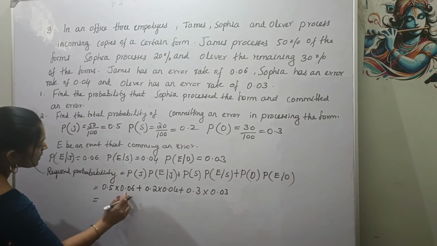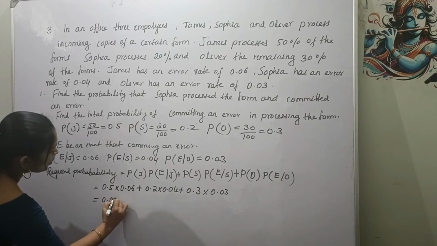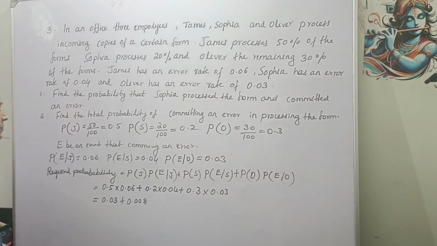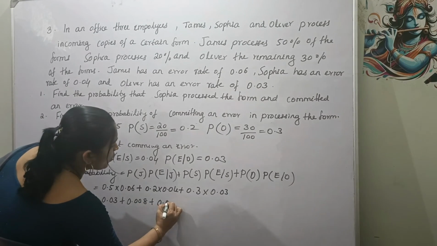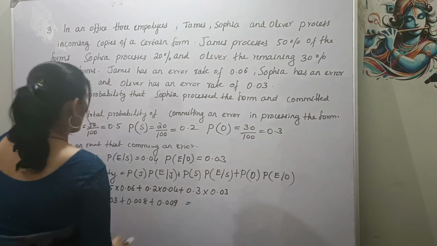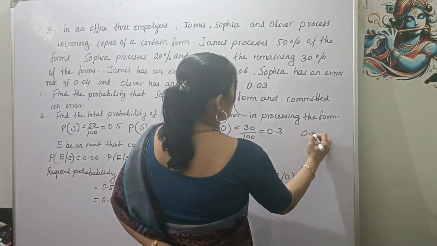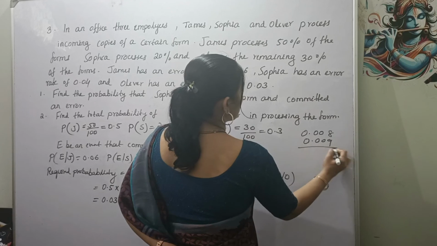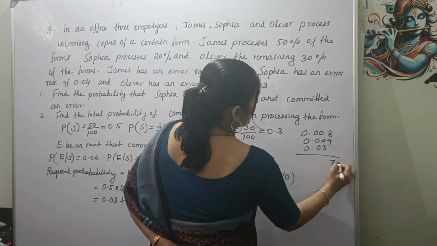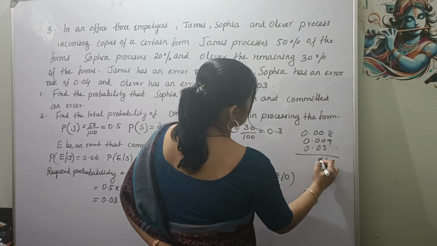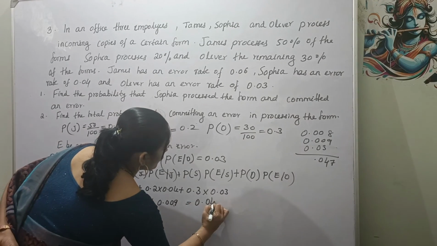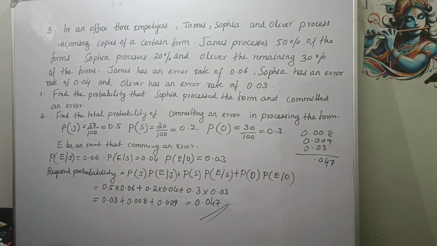That is equal to 0.03 plus 0.008 plus 0.009, that is equal to 0.047. So the required probability is equal to 0.047.